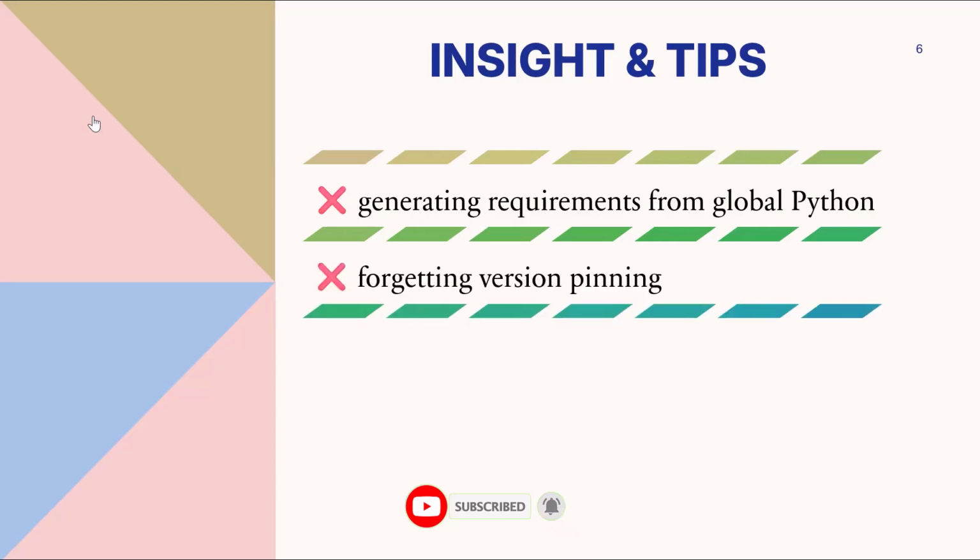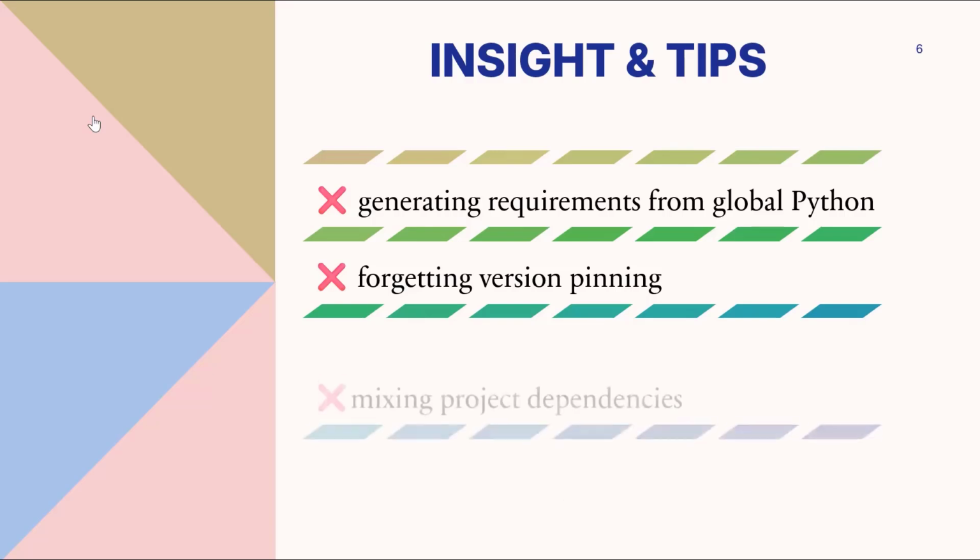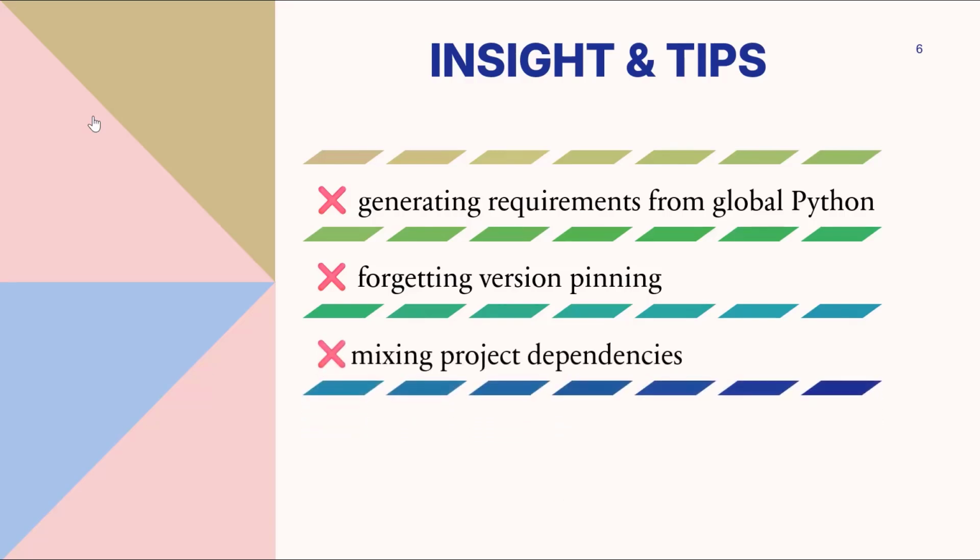Many people forget version pinning, and there is a very high chance of mixing project dependencies. These are some of the common mistakes that developers usually make, so we need to be more careful while working with them. So next time you build a Python project, don't just install packages randomly. Use the requirements.txt file, because reproducible environments are a core part of professional Python development.